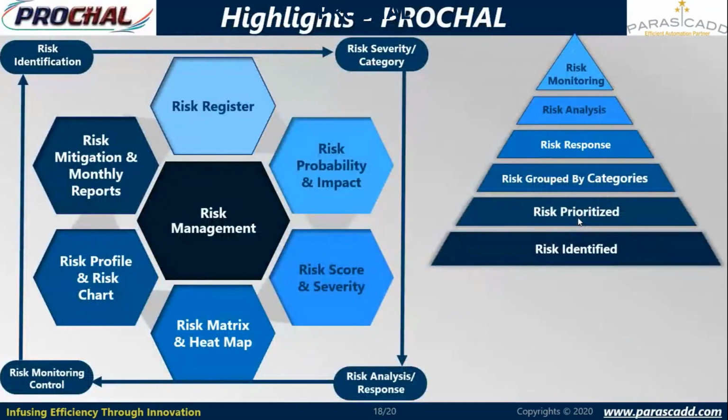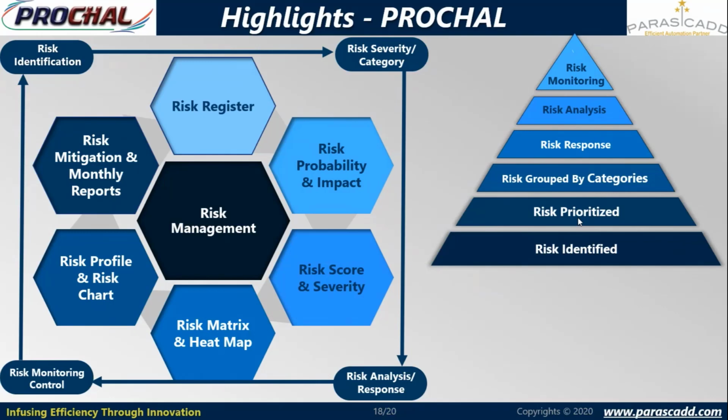And let's see the highlights of risk management, that is PROCHAL. We have seen how to identify risks, how to categorize those risks, how to analyze the risks, and how to monitor the risks by using the risk matrix. There is a risk register available to enter the various risks.